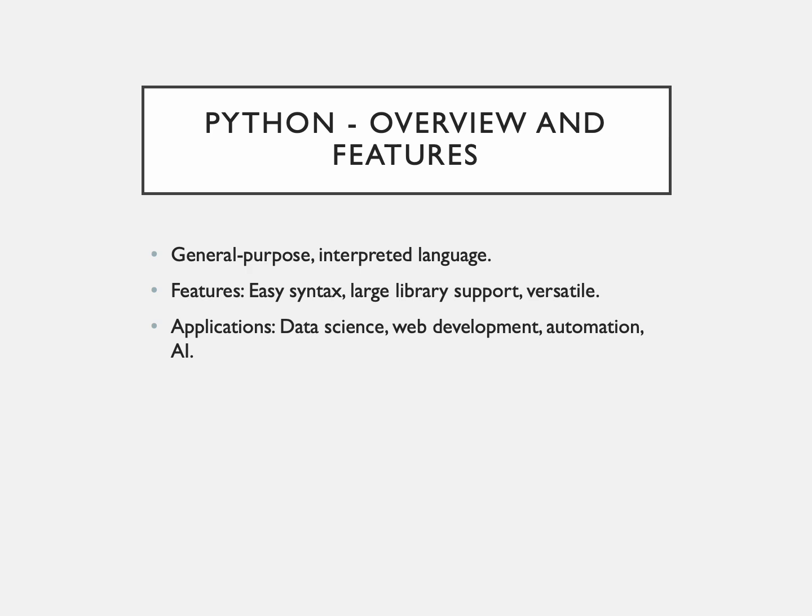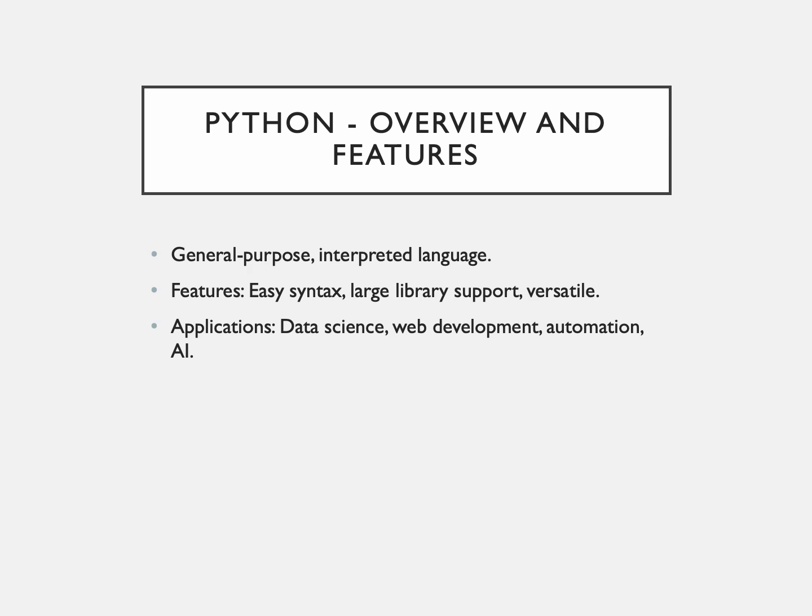For web development, with frameworks like Django and Flask, Python makes web development faster and more efficient. These frameworks handle much of the backend complexity, allowing developers to focus on creating user friendly experiences.